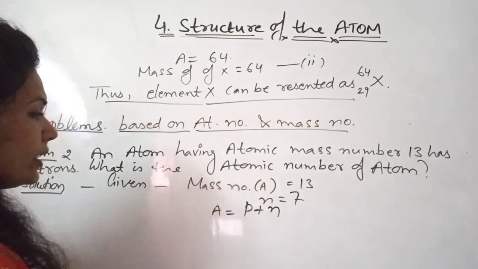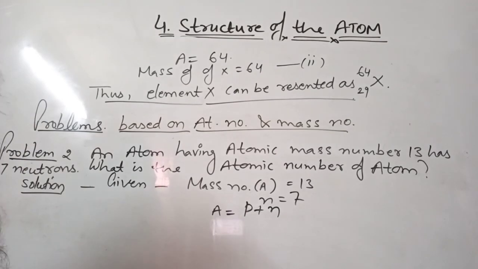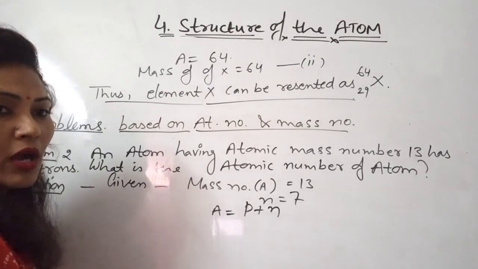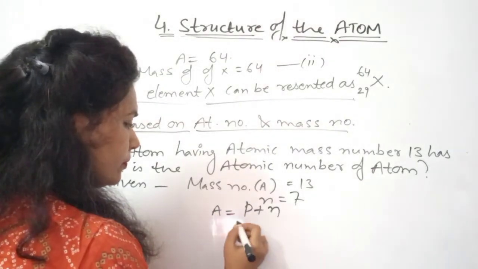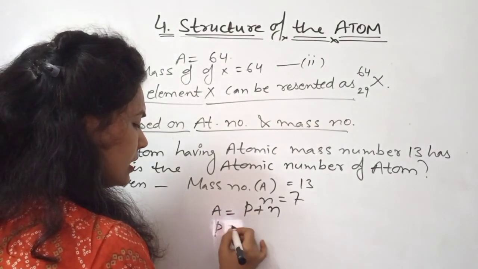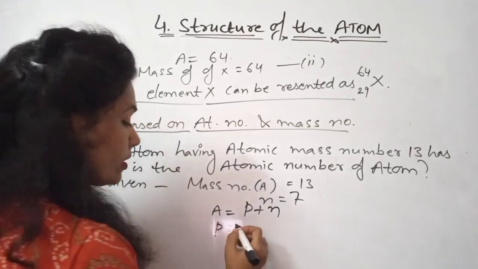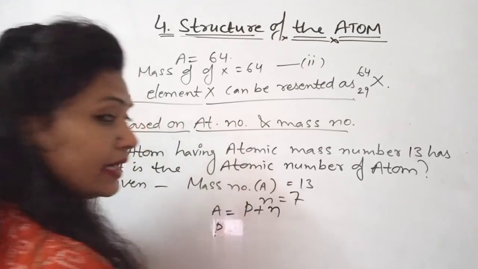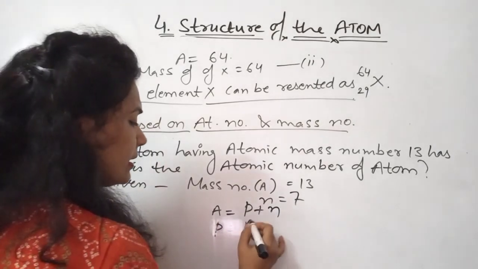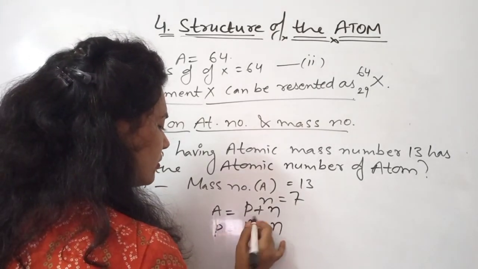So we can find the atomic number. Protons equal A minus N, got it?